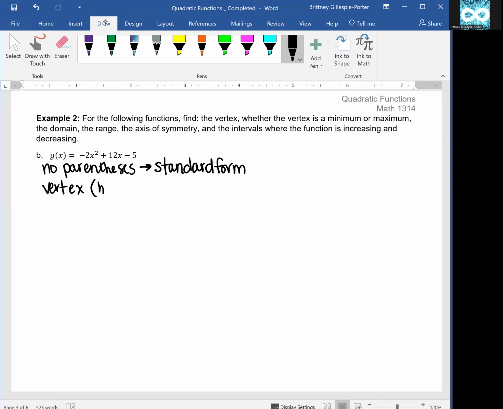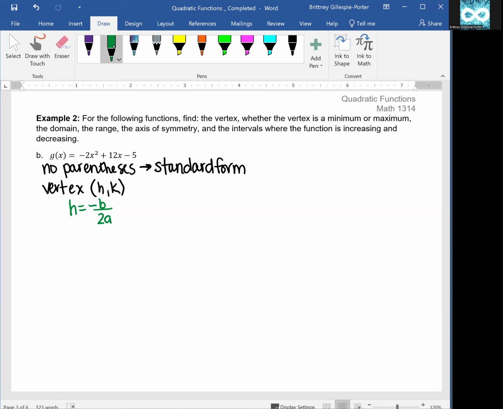which we know is the ordered pair (h, k). So when you're in standard form, remember that h is equal to negative b all over 2a. To use this, you need to make sure that your original function is in descending order, which means that you start with your highest exponent and work your way down.